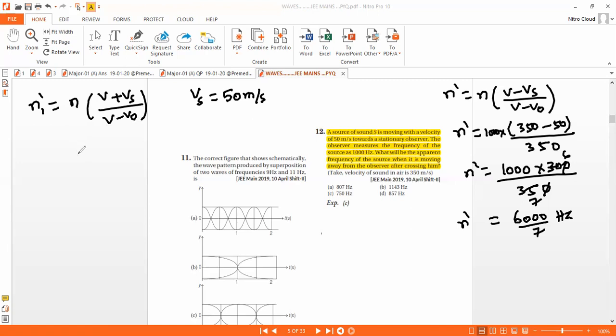That is N1 dash is equal to N into 350 plus 50 by 350. So 6000 by 7 is equal to N into 400 by 350.